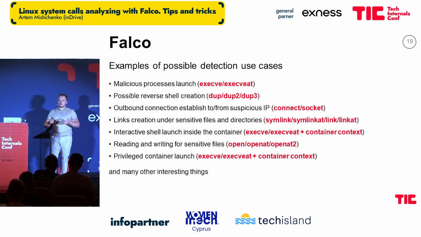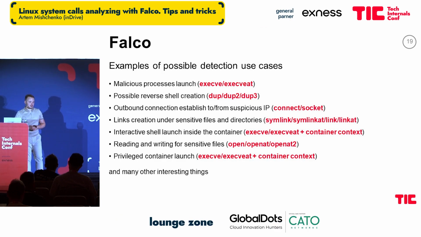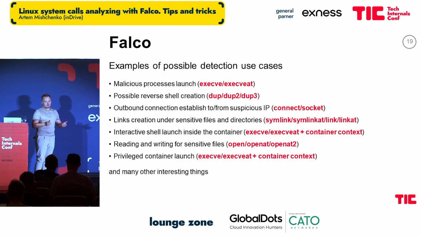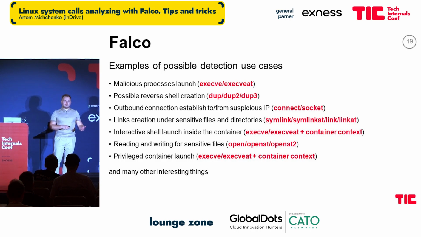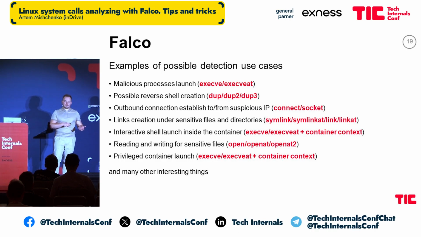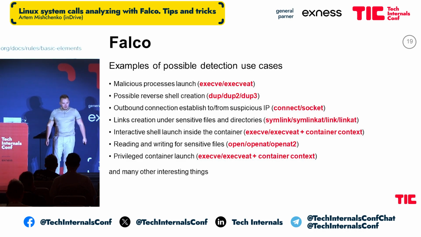We can track some network connections to suspicious addresses and so on, and many other interesting cases. Of course, it depends on the system call, it depends on the configuration, it depends on whether it is a container or a host, but there are different use cases useful for security.